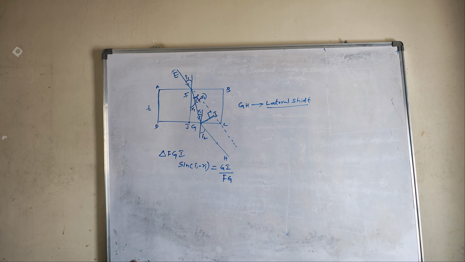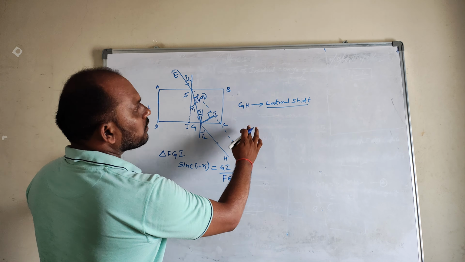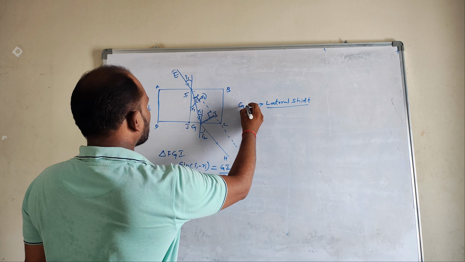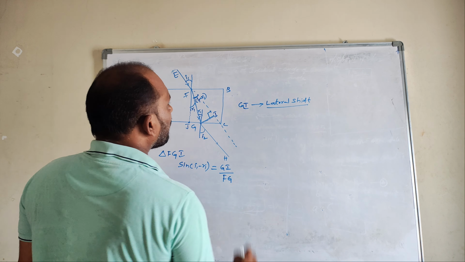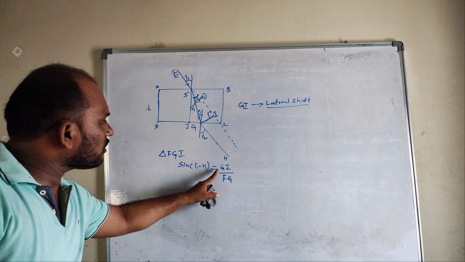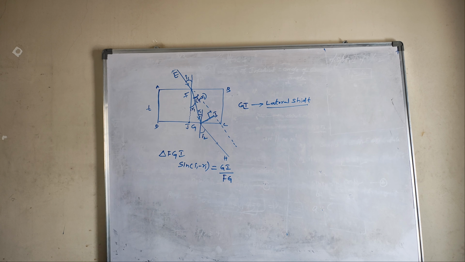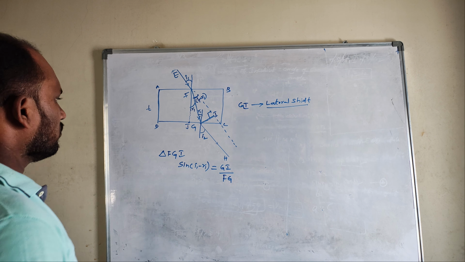So GI means what? Lateral shift. So GI is equal to the lateral shift, and FG is the refracted ray. So I want to find out GI now.